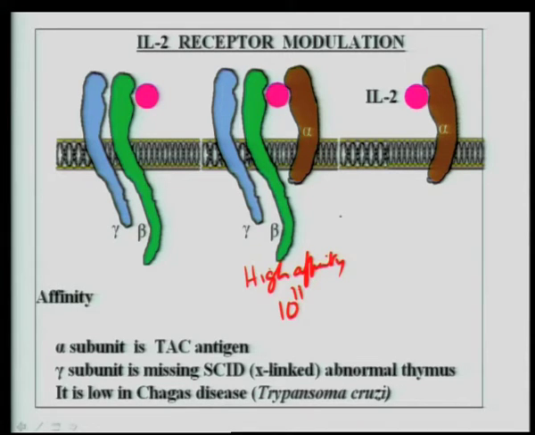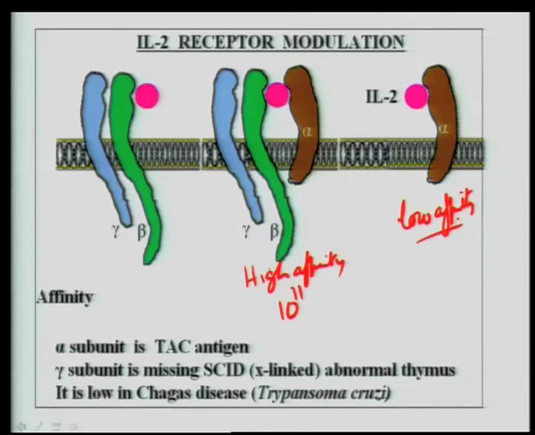So, you will see that from the low affinity, you have the conversion by the binding of this TAC antigen converted to the high affinity receptor on the cell surface. This alpha subunit has got a short intracytoplasmic segment, and therefore, is the low affinity subunit.